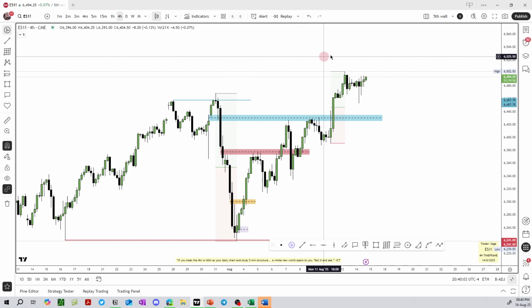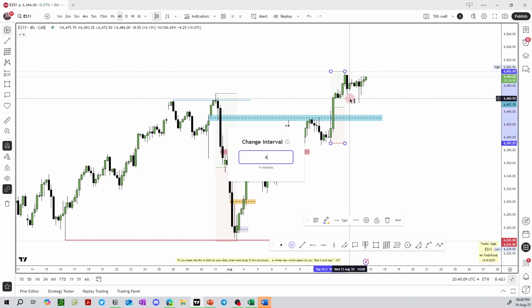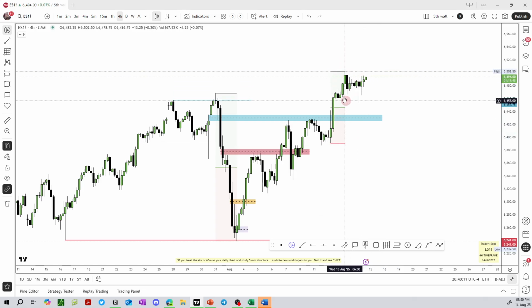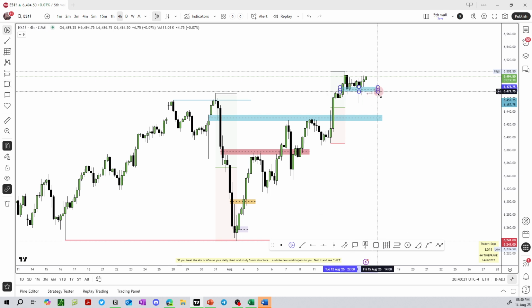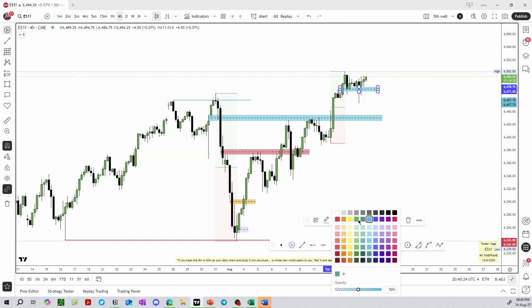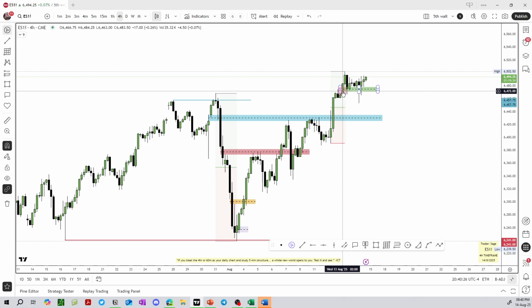Because the higher time frame draw on liquidity is not there. Obviously, we're in no man's land, so you want to play everything by ear, so to speak. But in this situation, I'm going to use this fair value gap here, and the objective of that is because you can easily argue internal range liquidity, and you can see the bodies essentially respecting the 50%, or at least the high of that fair value gap.